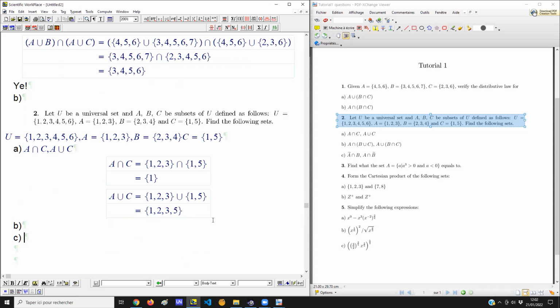So complement of A intersection B, and A intersection complement of B. I'll give you some time to think about it.